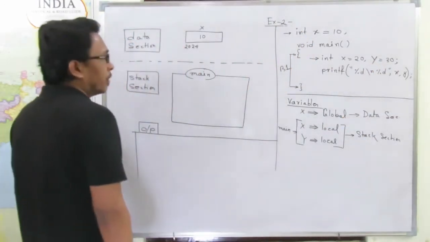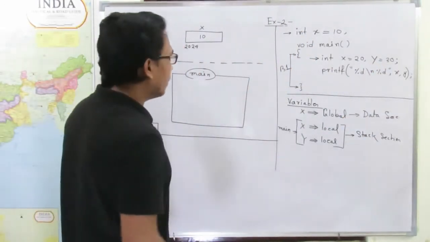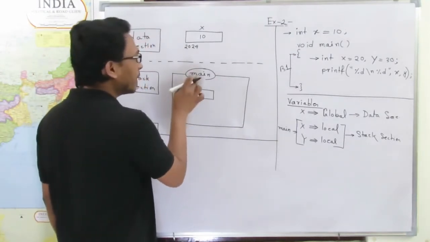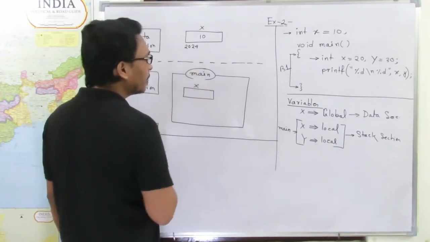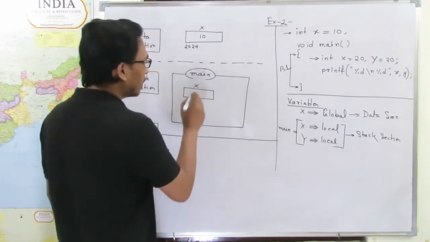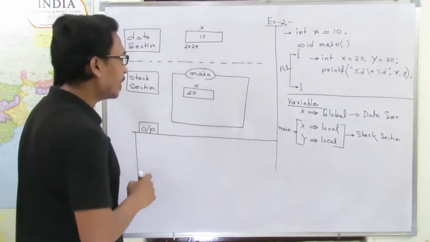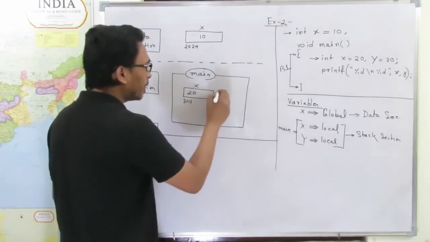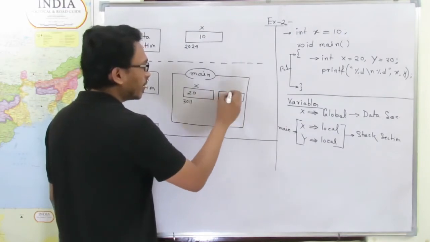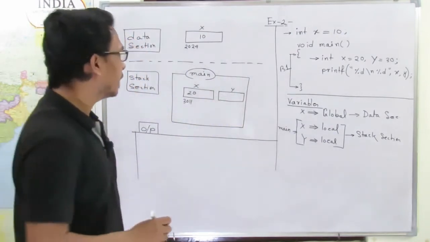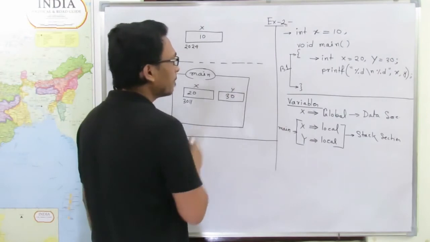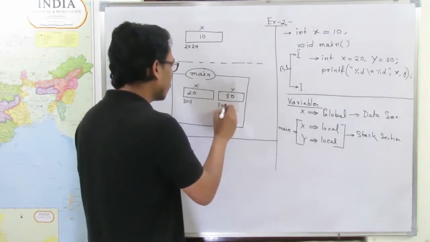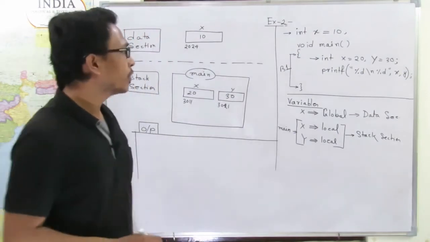Both are of integer type, that means 4 bytes of memory are allocated, the first with variable name x. The initial value will be 20, the base address let's say 3011, and one more memory block will be created with variable name y initialized with 30, the base address let's say 3021.